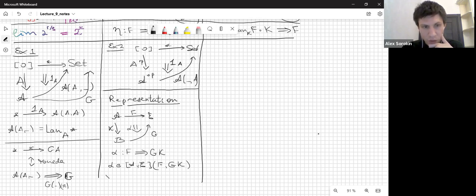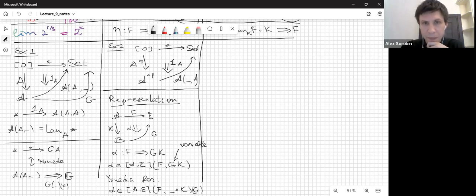Now I want to use Yoneda again, but for what? For the following functor. So I can say that alpha belongs to the image of some object under a certain functor. So who varies? G is variable. This is our variable. So we have a functor in the functor category from A to E. Here we have functor F. Here we will have blank composition K evaluated at G. So here is our alpha.